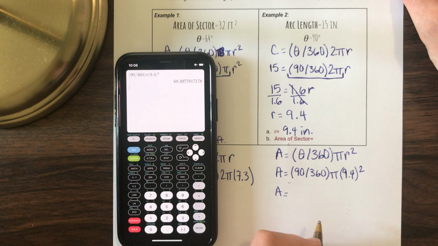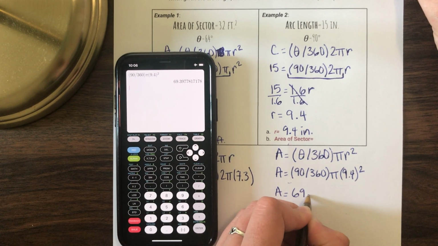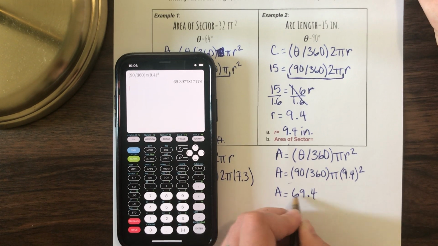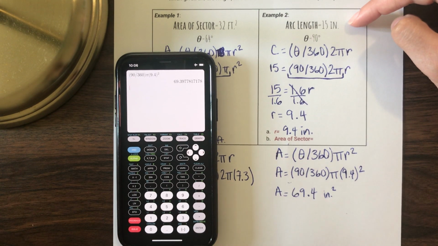So 69.39 rounds up to 69.4. And since this is area, we're going to do inches squared. Okay?